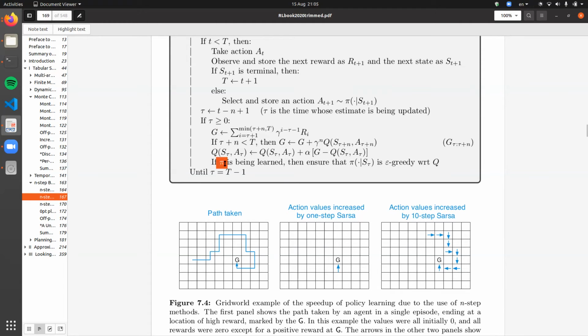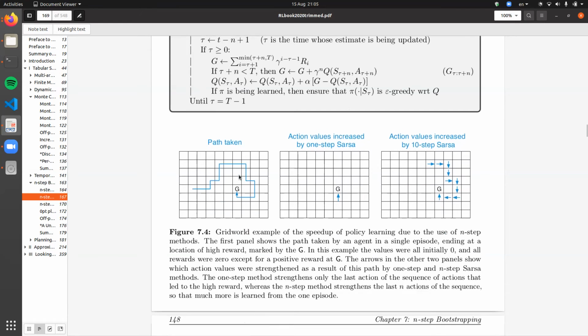And we learn the policy pi, so we need to make it epsilon greedy with respect to the current, newly updated Q, right? So we need to update the policy only for this state, tau. And we do that until our updated state is a terminal state. We obviously do not need to update the value for the terminal state, because the value of the terminal state is usually constant.